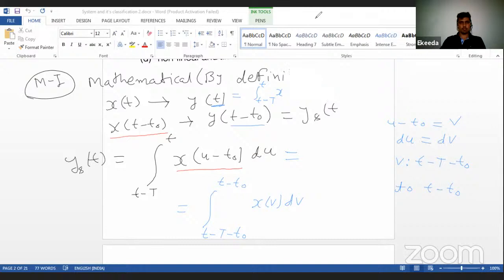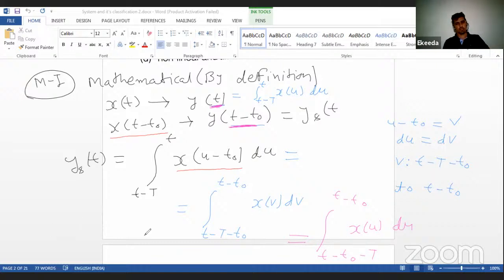Simply replace t with t - t0 everywhere in this relationship, so I will put t - t0 here and t - t0 here. See, these two relationships are the same.